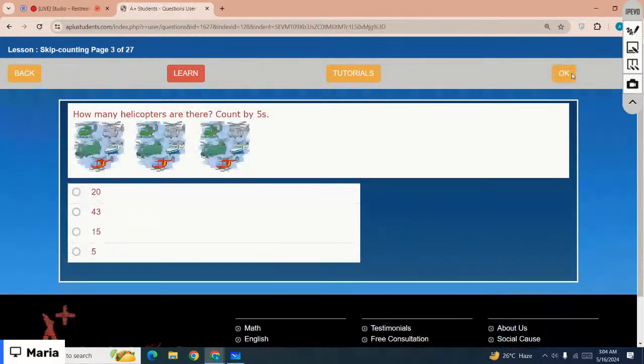How many helicopters are there? Count by fives, which is the correct option?